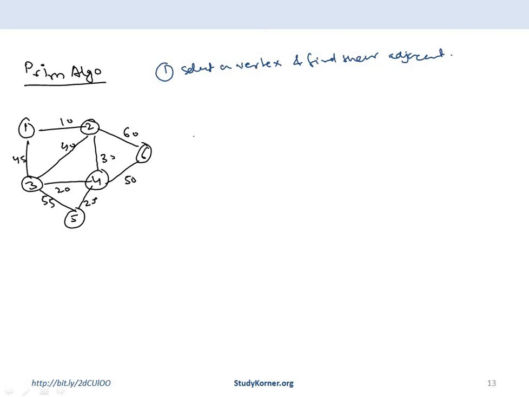If I pick vertex number 1, then the adjacent vertices are 2 and 3. I write the cost of these two: one has cost 10, the other has cost 45. To find the adjacent vertices, it will take in the worst case order of n time, linear time.